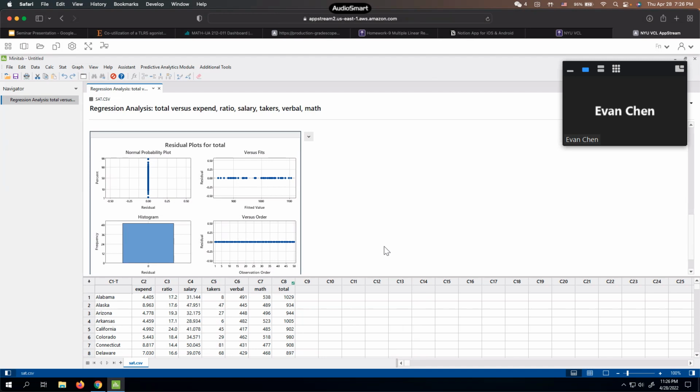A good model has as few parameters as possible, as simple as possible, but also a pretty high R squared. So there's a trade-off. By having more parameters, it's more complicated, but it reduces the residuals.